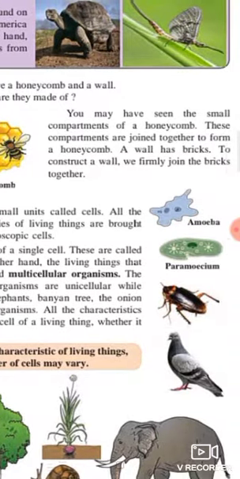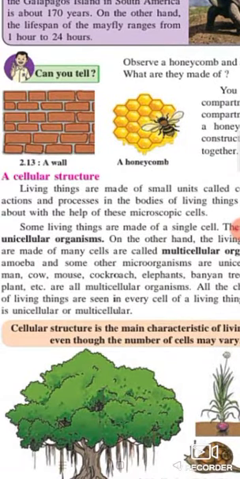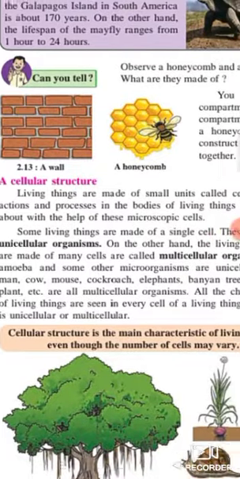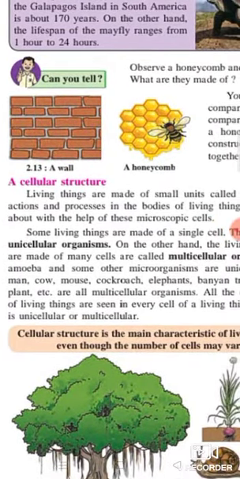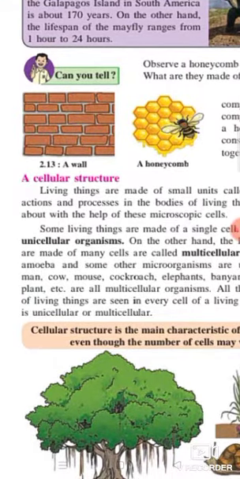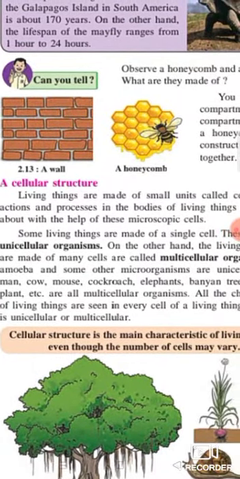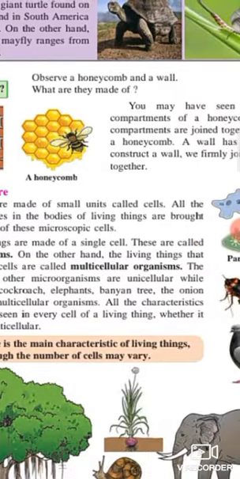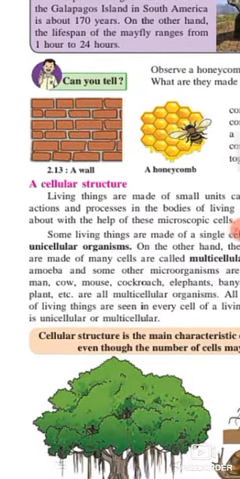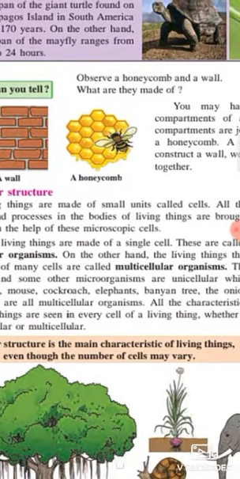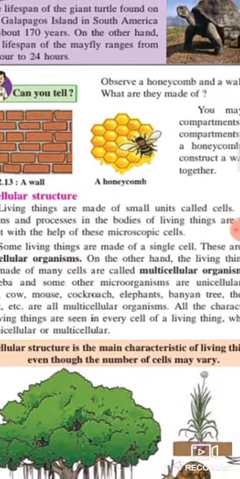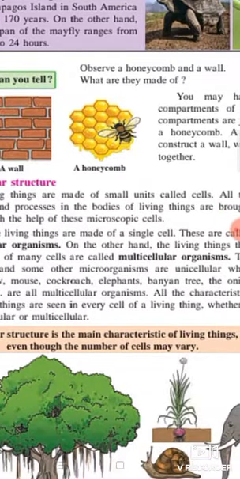Okay, so you understood? See, again I will read this. Living things are made up of small units called cells, and all the actions and processes in the bodies of living things are brought about with the help of these microscopic cells.